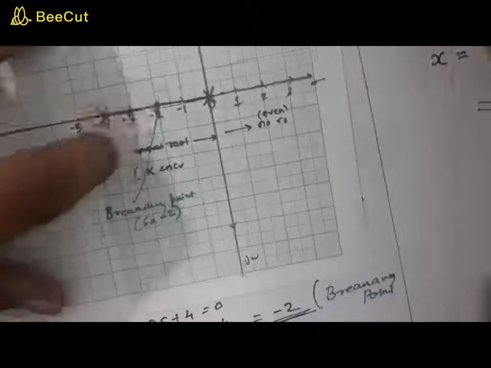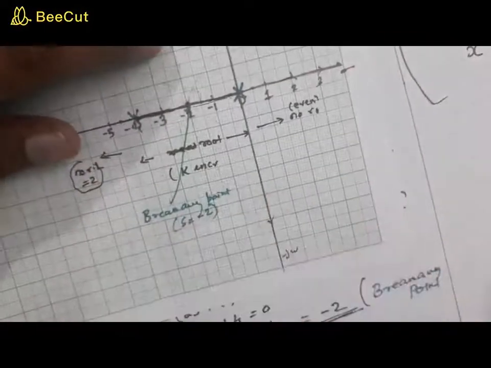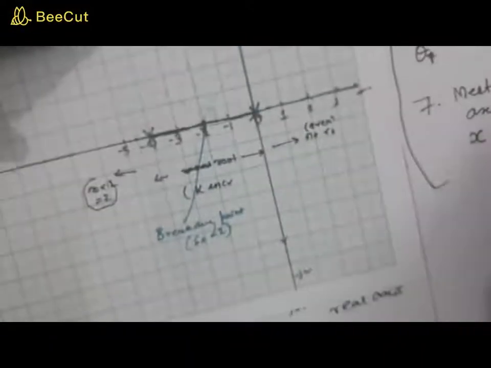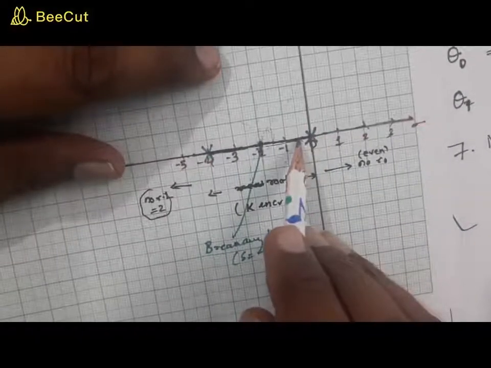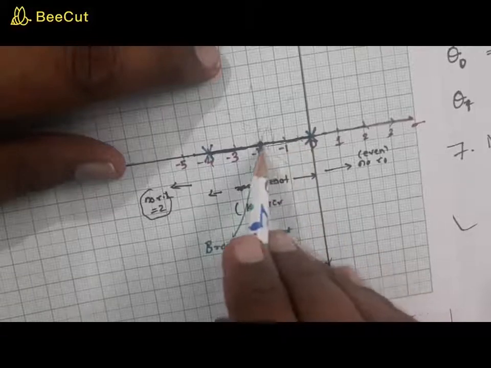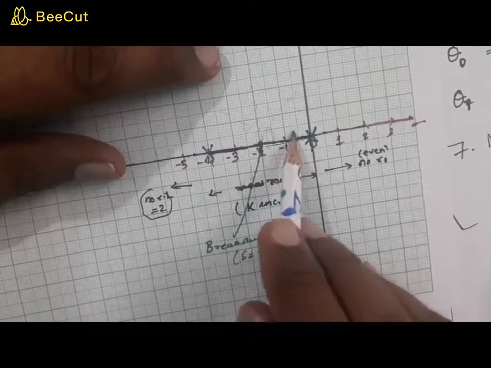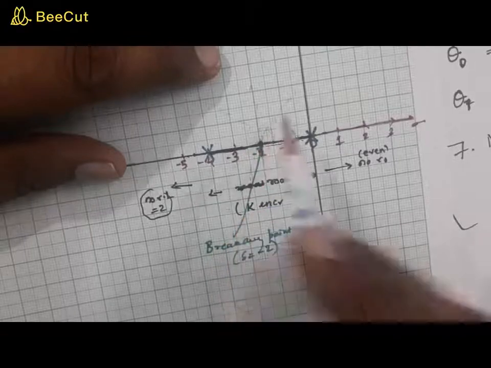Now after finding out these two, you do the work on the graph paper. Okay, now how to draw this 90 degree and 270 degree? Always this is your axis, and you need to draw with respect to this in the anti-clockwise direction.